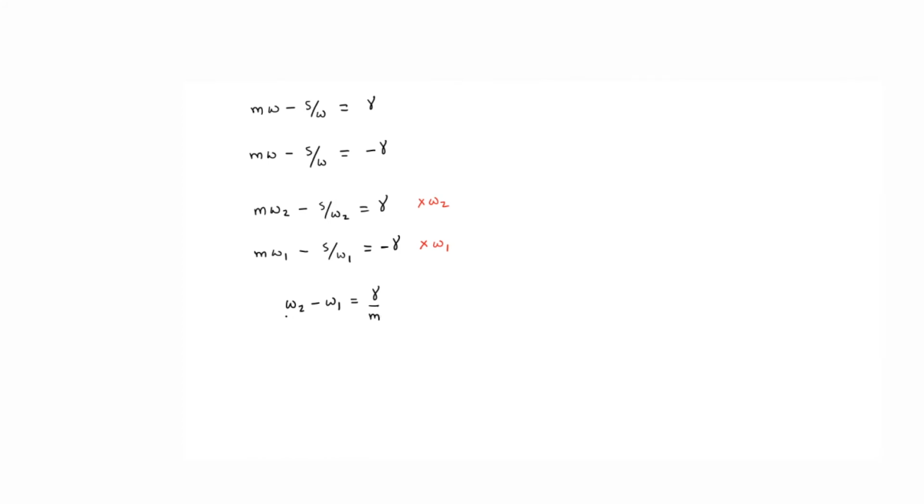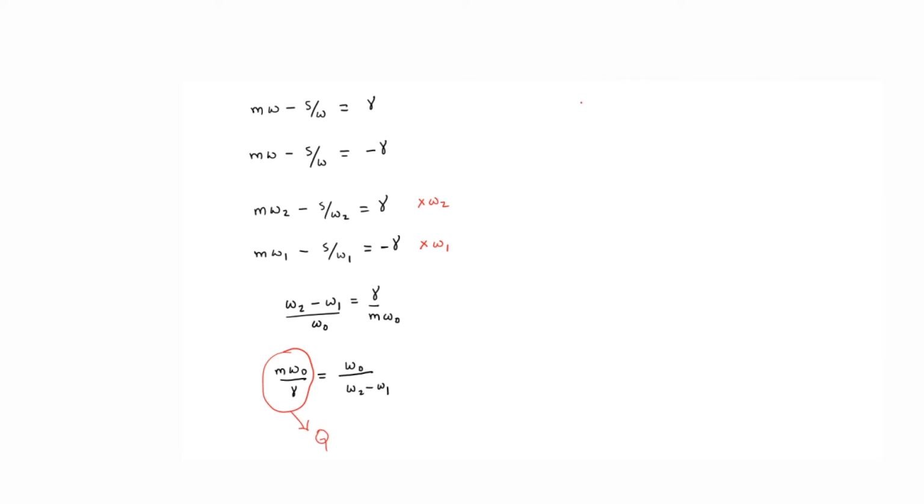Now, I will divide both sides by omega 0 and just invert it, in which case you will get m omega 0 by gamma is equal to omega 0 by omega 2 minus omega 1. And what we know from what we had already studied is that this quantity here is simply equal to the q value.